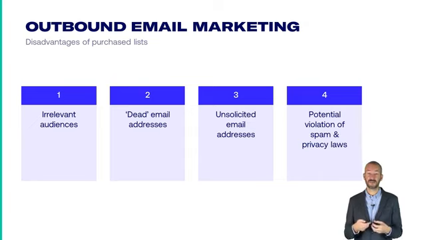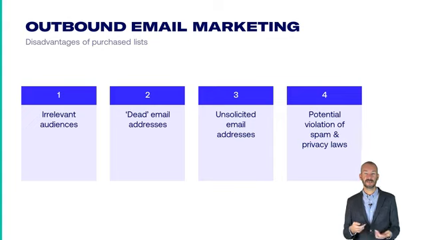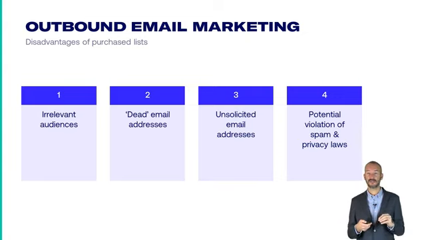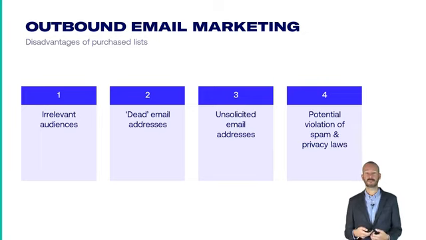Now, number four, and this is kind of a gray area for any of us who work within email marketing, is potential violation of spam and privacy laws. It is vital that you learn the privacy laws, the email laws essentially, of your region, of your sector, because again, you want to make sure that the content you're sending out, how you're sending it out, and the list that you're sending it out to, are in line with applicable laws and regulations.